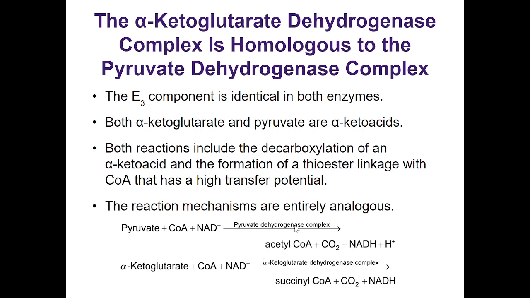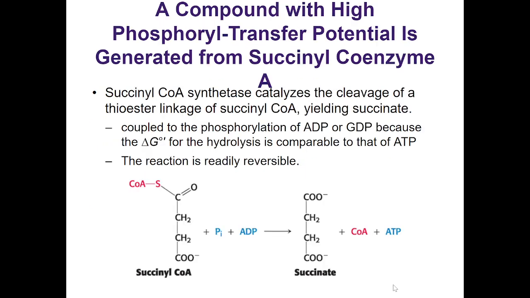Notice again, substrate dehydrogenase complex. And then we get succinyl-CoA plus CO2 plus NADH. Cool, huh? You don't have to remember everything separately, as it turns out. We get to repeat stuff too.